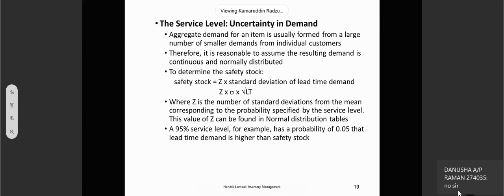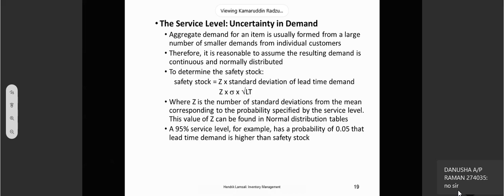Okay, the next subtopic is about the uncertainty in demand. How do we confront the uncertainty of demand in inventory management, to control the inventory?